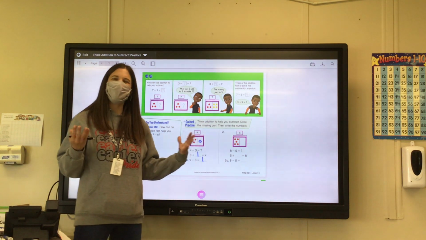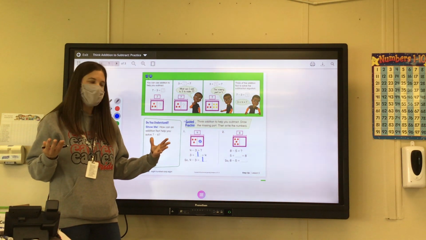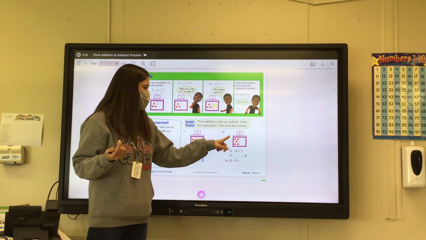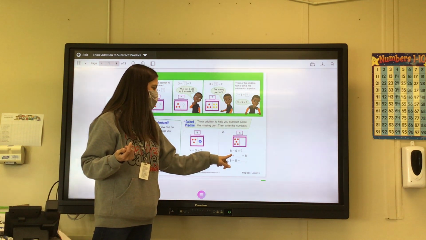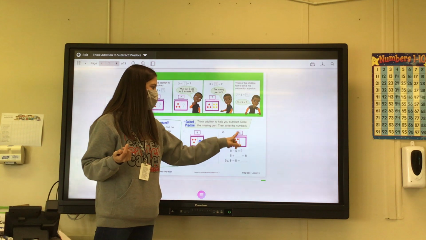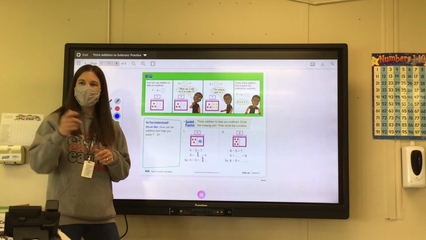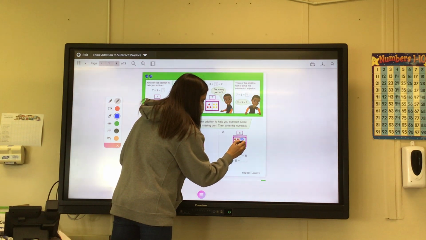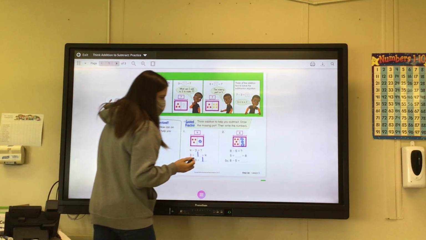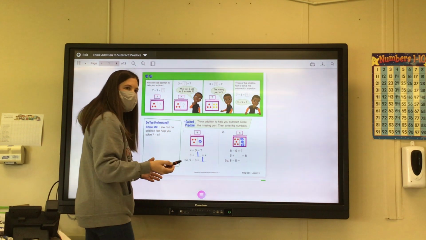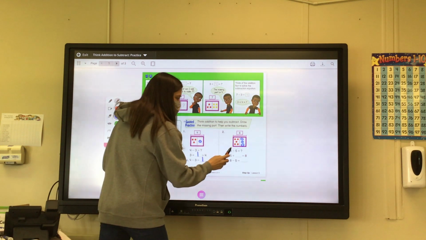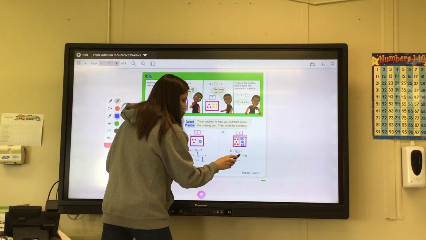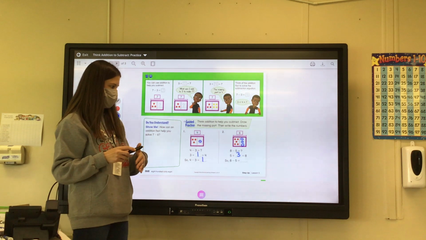8 minus 5 equals what? We can use addition to help us solve that. Here's 5. How many more are we going to add to make 8? What do you think? Mina? 3. Let's draw them in and see if that's right. We'll draw 3 counters in. 5, 6, 7, 8. You're right. 5 plus 3 equals 8.